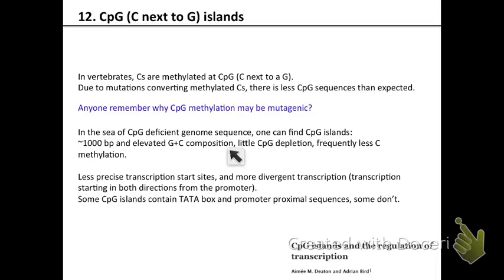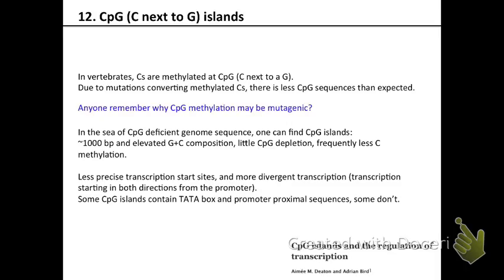Okay, so these are somewhat arbitrarily defined as being about 1,000 base pairs in length with elevated CG composition. So there is little CpG depletion, and frequently you will see less cytosine methylation at these regions.